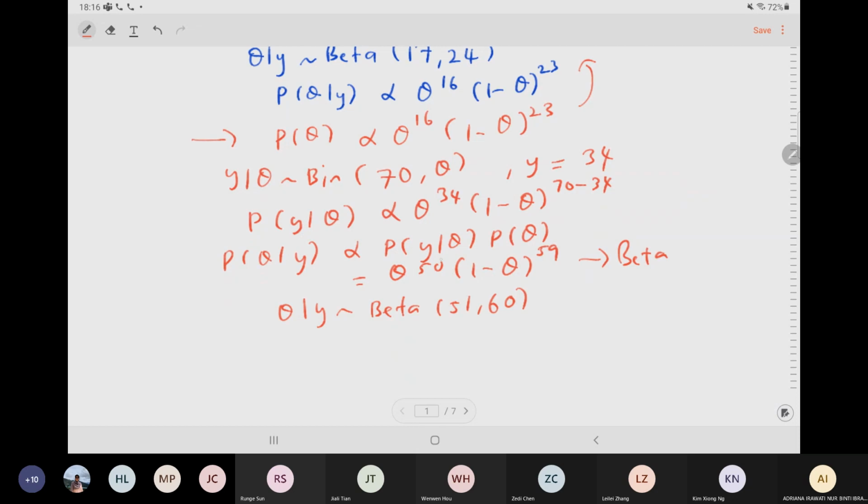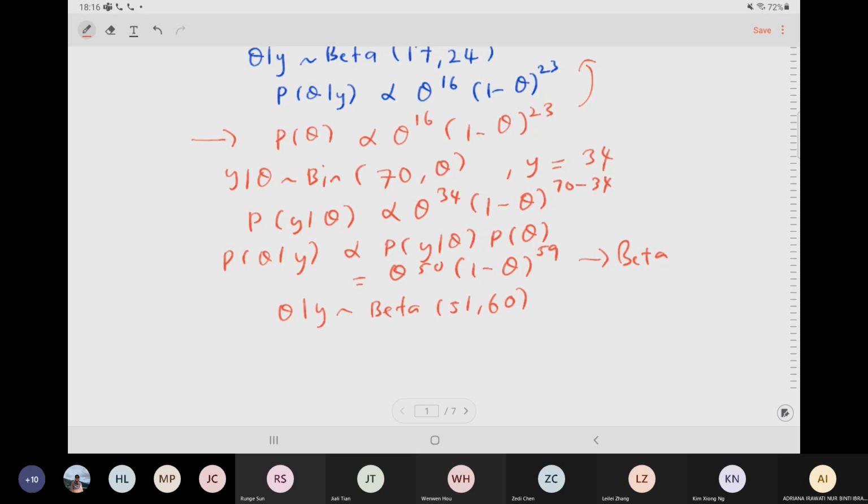And then you can see that it's the same. So now you have the new prior, the new data, and the new posterior. After you update the data, where n is 70 and Y, the number of survivors, is 34, you have a new posterior beta with parameters 51 and 60.